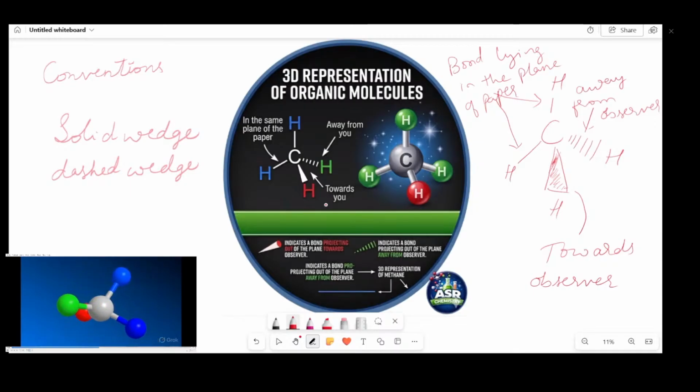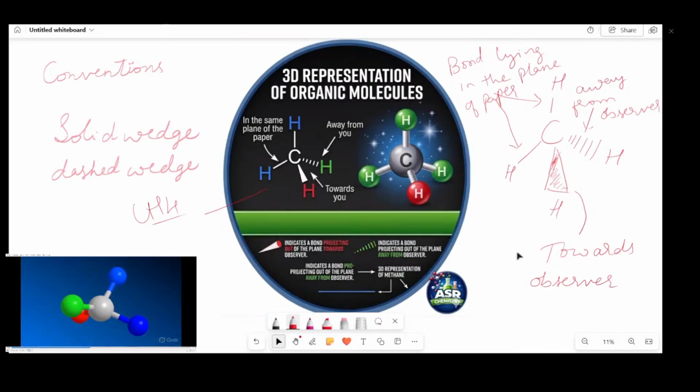Now in this you can see that the wedge bonds are projecting towards you. You are observing the molecule, so it is projecting towards you. The dashed wedge is projecting away from you. So this is about the three-dimensional representation of a simple molecule called methane. It is CH4.